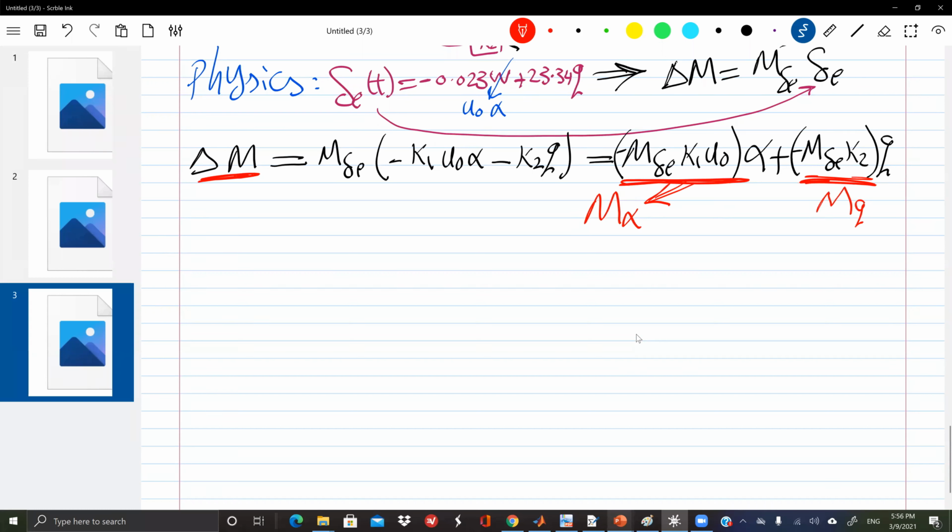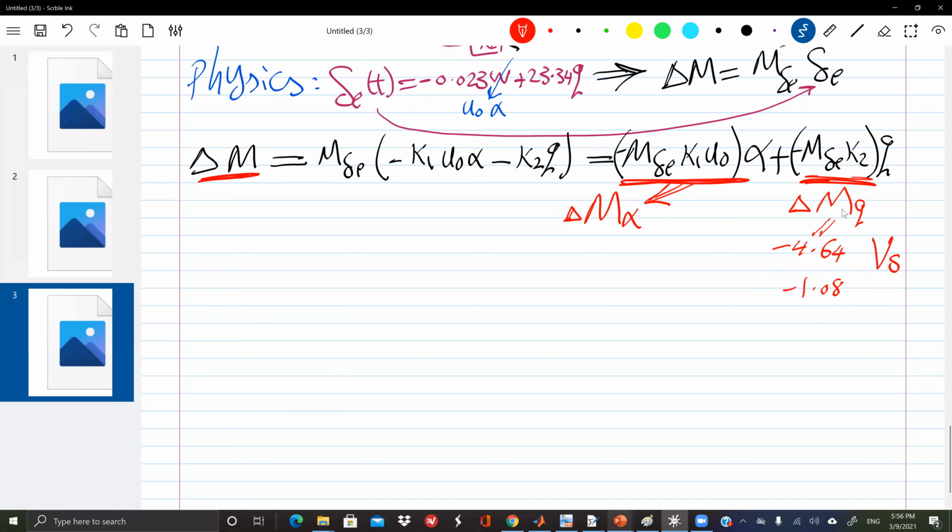Let's compute this. Let's just multiply the M delta elevator by K2 to get the change in MQ and the change in M alpha. So the change in MQ was about negative 4.64 per second. And the original value was how much? It was like negative 1.08. This is the additional MQ. What's the MQ for my airplane?